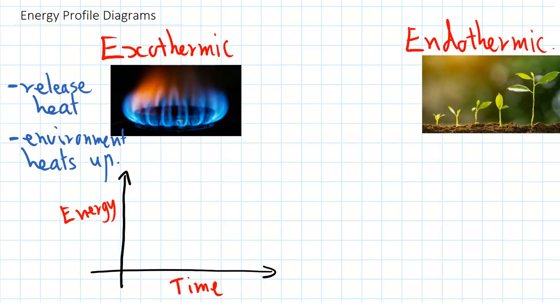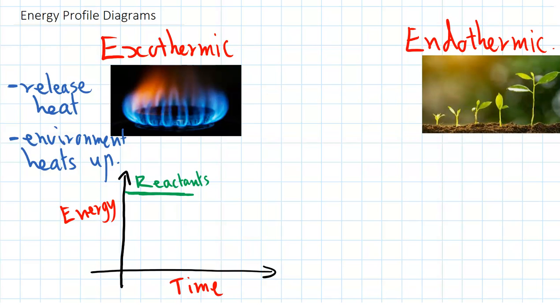So for exothermic reactions, they start off with really energetic chemicals at the start, like fuels, like wood. Everything that can burn really easily has lots of energy in it as a chemical. So we write the reactants near the top here, because they're representing high energy chemicals.